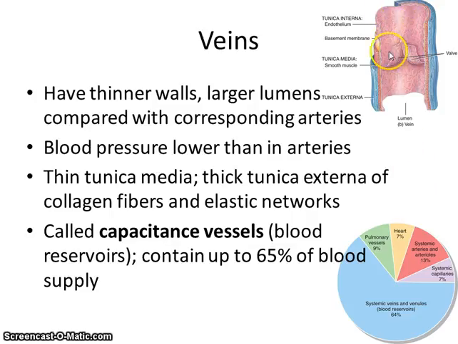And then if it tries to go back down, it gets caught in the flaps, keeping it from going too far backwards. That way we can keep blood flow unidirectional, moving towards the heart. You'll often see veins called capacitance vessels or blood reservoirs because a majority of the blood is going to be in the veins at any time. They're not full, they can hold blood quite well.